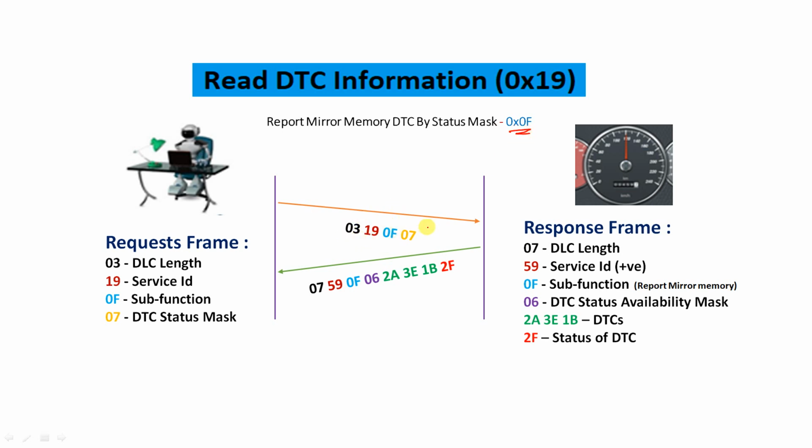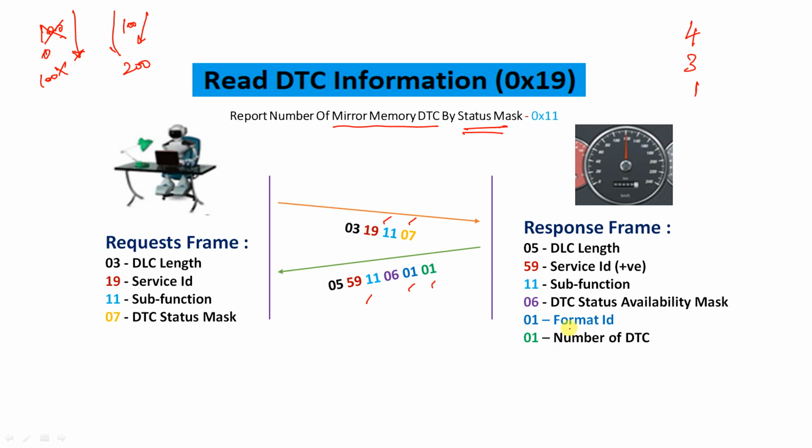03 is the number of bytes, then 19, 0F, then 07. So the DTC status mask 07 we have given, and the subfunction is also given. Here we have 06. When we are requesting for the number, we have the format identifier.